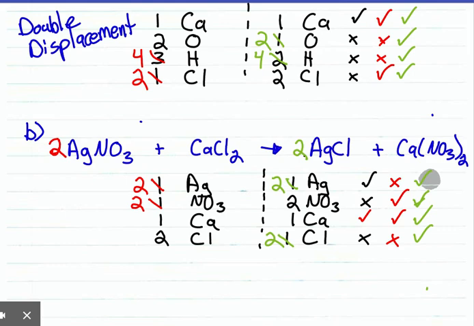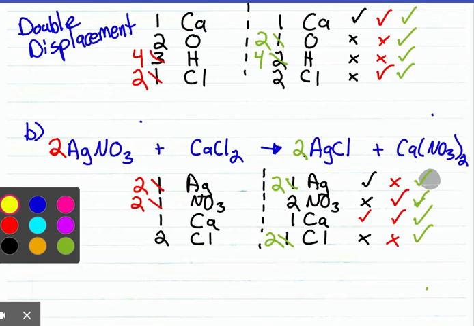Second part of your assignment is asking you to classify. So I like to highlight things to help me see connections here. So I have my silver, I'm going to highlight yellow. I'm going to highlight my nitrate blue. My calcium is pink.